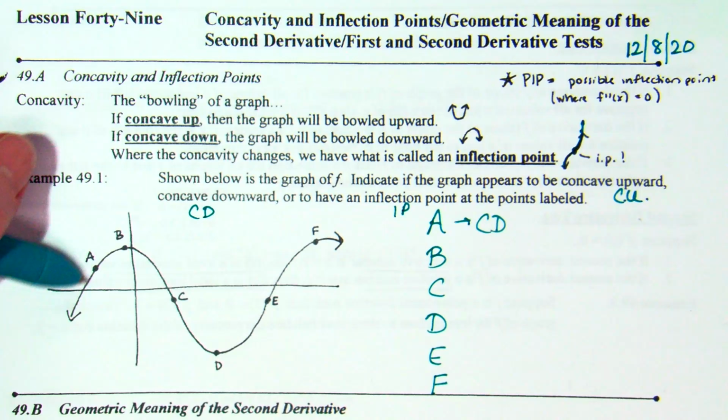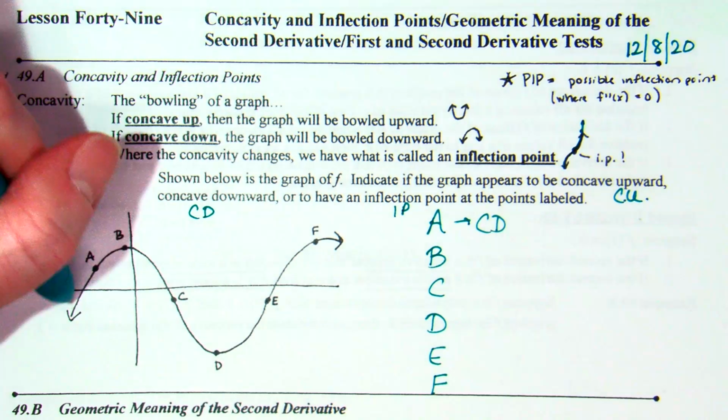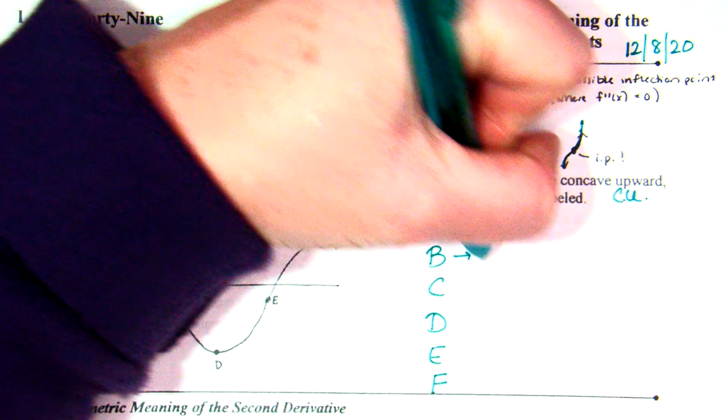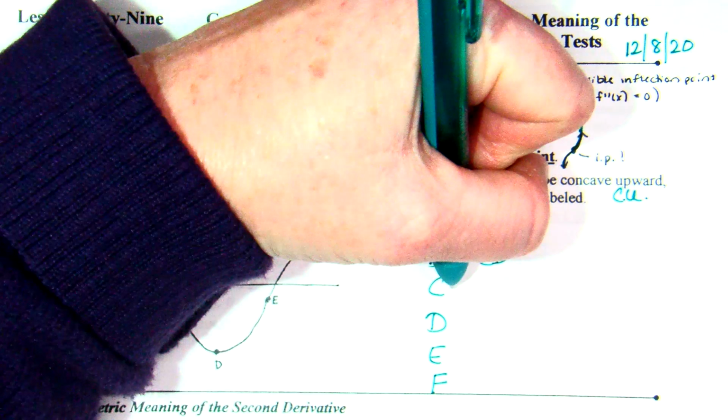Okay, what about B? Still opening downward, isn't it? The idea of a whole parabola: an entire parabola is either concave up or concave down. So this first parabola here is concave down, and A and B are both concave down. What about C?